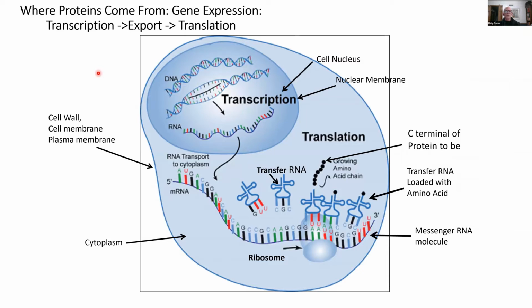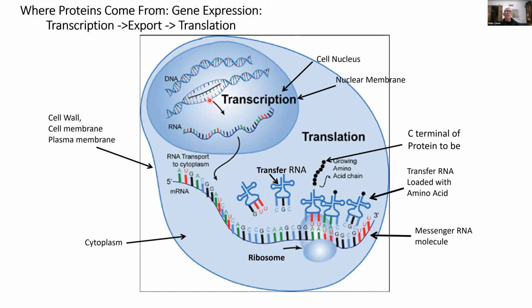Okay, so this is where proteins come from. This is a cell. This is the nucleus of the cell. The DNA is in the nucleus. It has the genetic code, 3 nucleotides in a unique sequence that determine where each amino acid is going to be in the protein eventually.